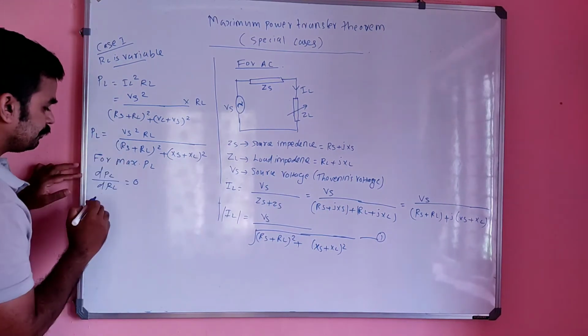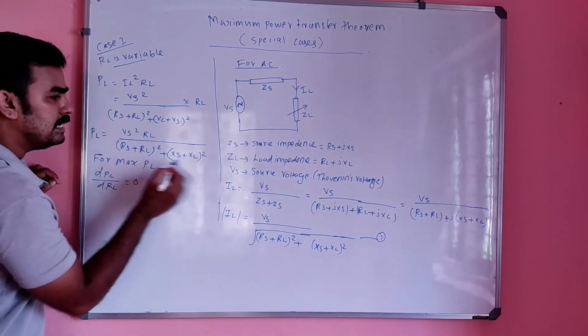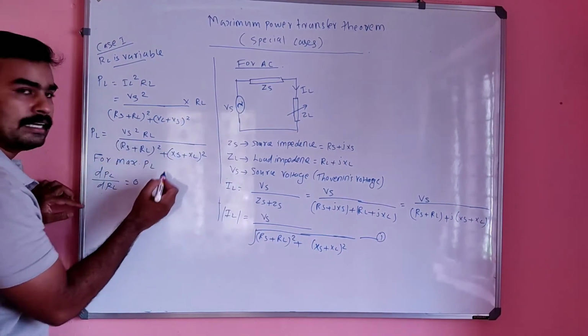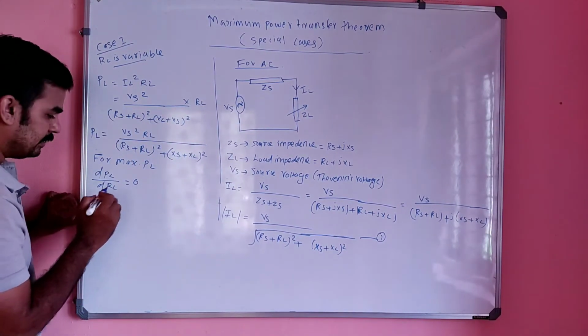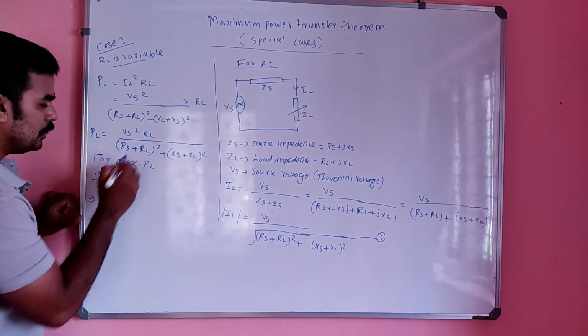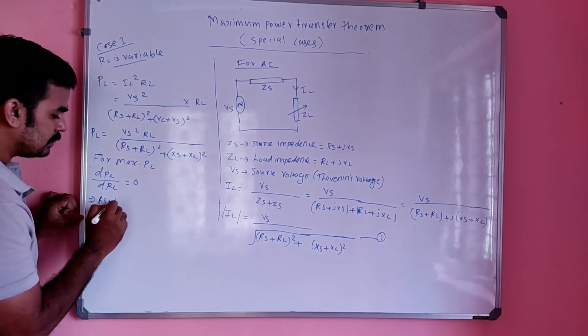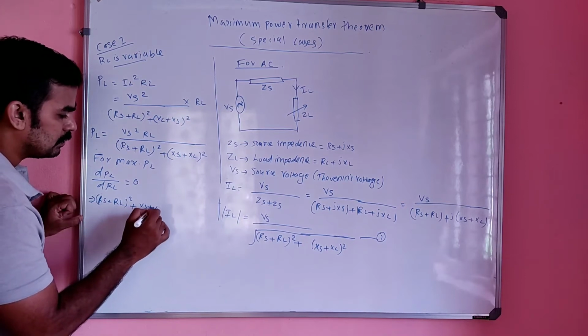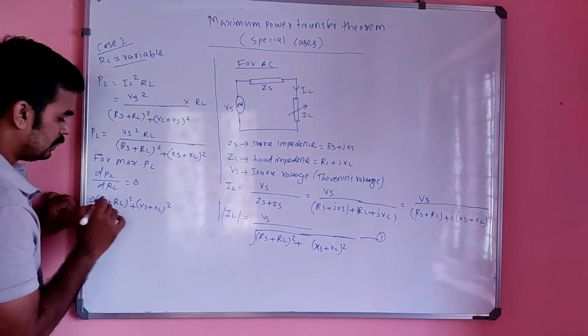That means differentiate this term and equate it to 0. Differentiating means denominator into d by dRL of numerator, where the denominator is Rs plus RL the whole square plus Xs plus XL the whole square.